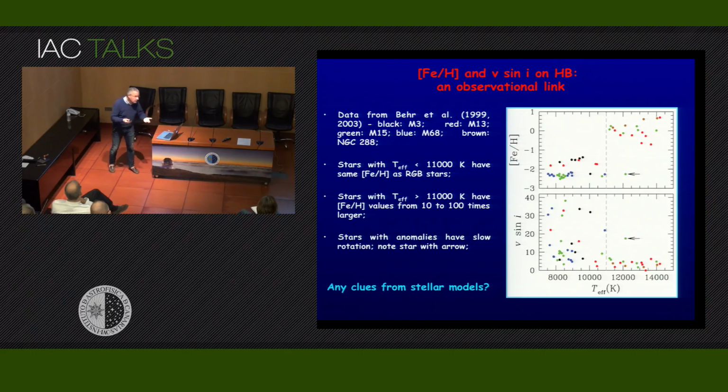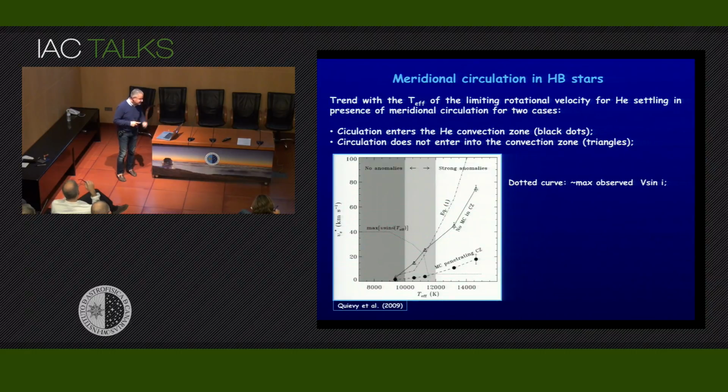So, can we explain this? In principle, no. There is no model able to explain altogether the rotational pattern and levitation, but there is an interesting scenario that I suggest just for completeness, suggested by Quievy and collaborators, after which they disappeared from astrophysics. I don't know why. This is the pattern of rotational velocity as a function of the effective temperature.